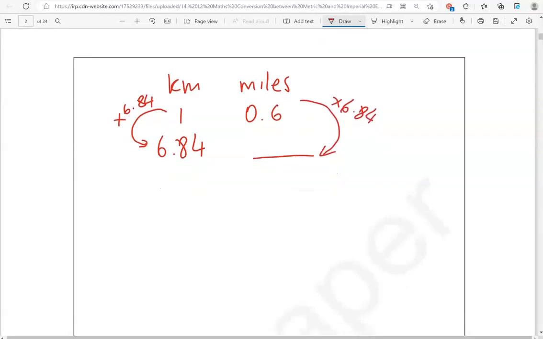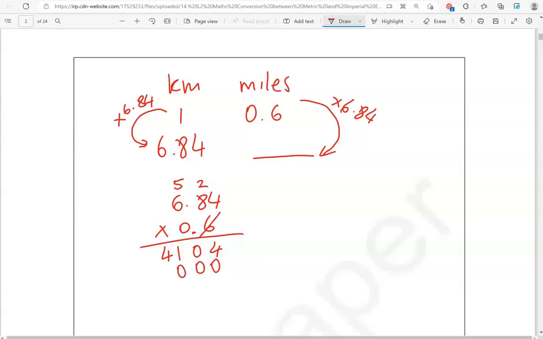So 6.84 times 0.6. 6 times 4 is 24, so 4 down, 2 carried over. 6 times 8 is 48, and the 2, that is 50, so 0 down, 5 carried over. 6 times 6 is 36, and the 5 is 41. So we're finished with the 6. We need to put 0 down. Then 0 times 0 is 0, 0 times 8 is 0, 0 times 6 is 0.